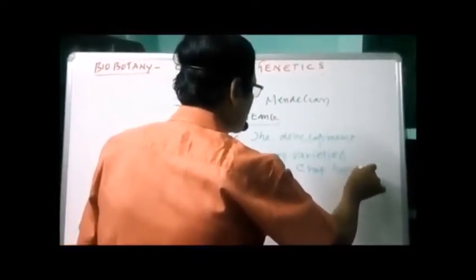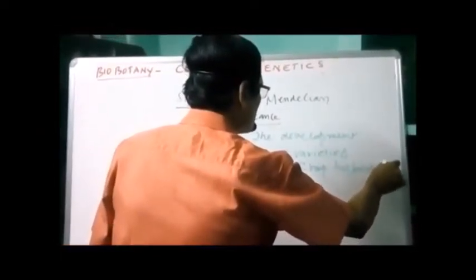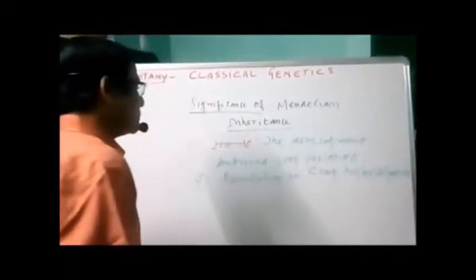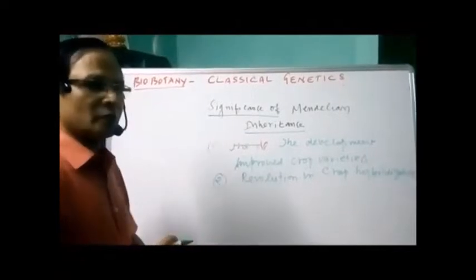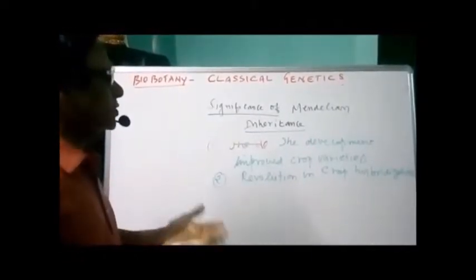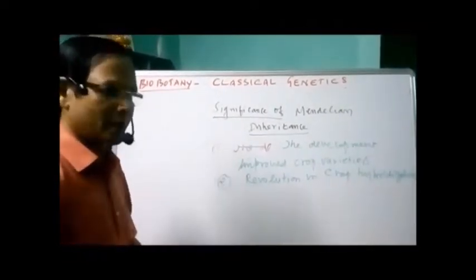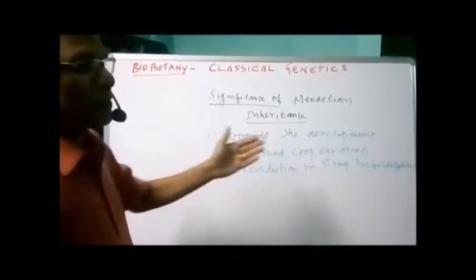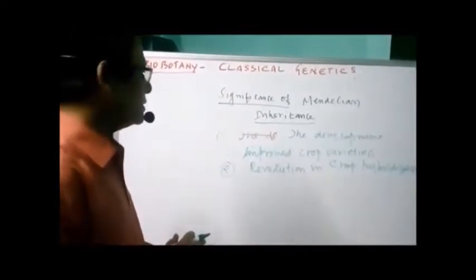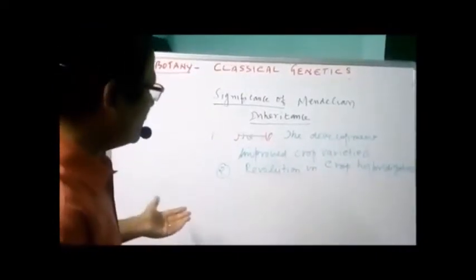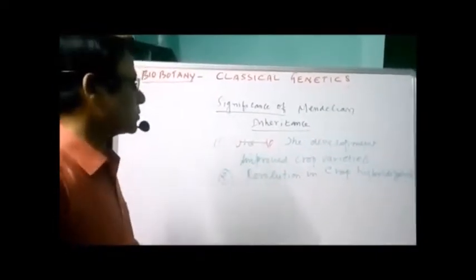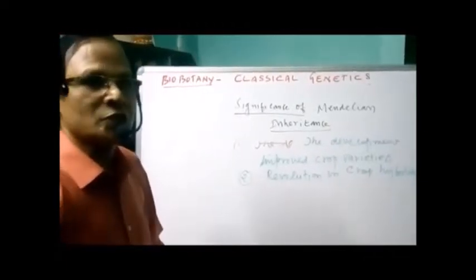So these are the two important effects of Mendelian inheritance. Without any knowledge of DNA, genes, chromosomes and cellular mechanism, he arrived at the mechanism of inheritance, and these mechanisms played an important role in the development of improved crop varieties and also revolution in crop hybridization.